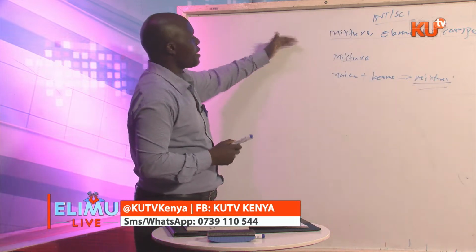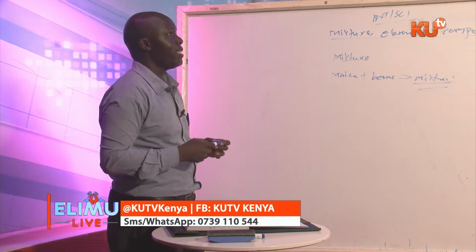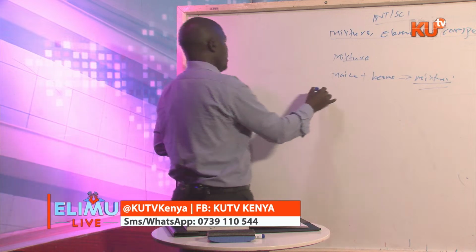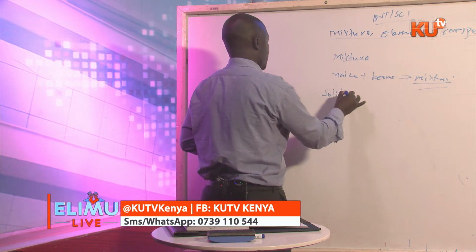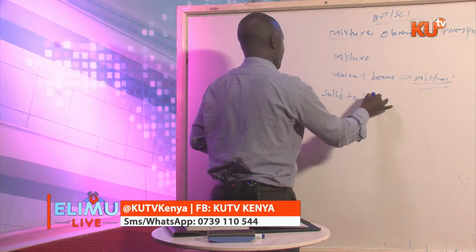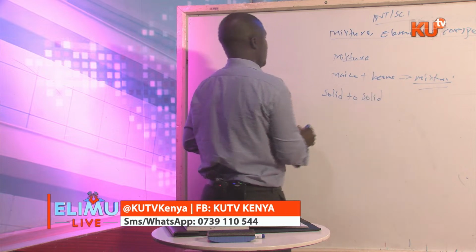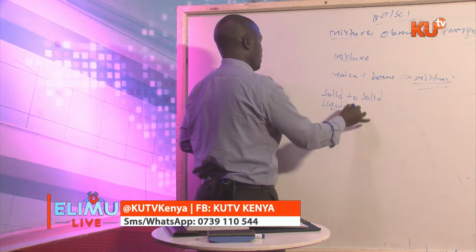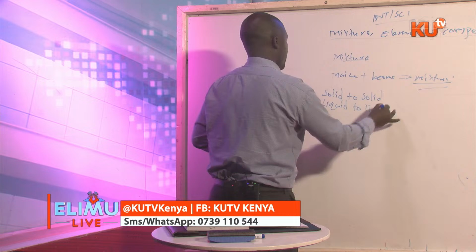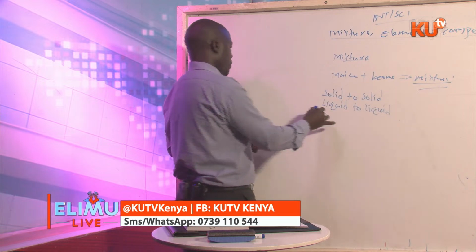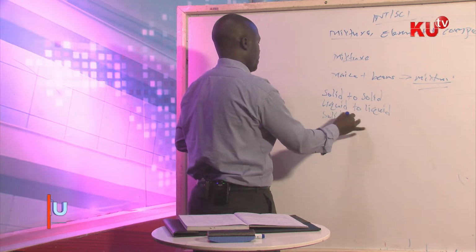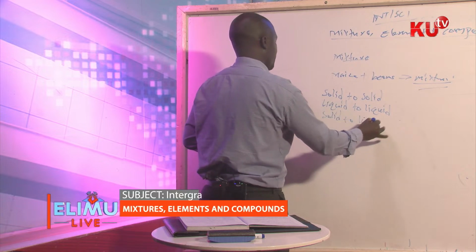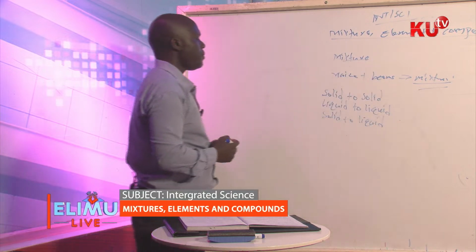Then in grade 7, again, we talked about the types of mixture, whereby a mixture can be solid to solid mixture. Then we can also have liquid to liquid mixture. Then we can have solid to liquid mixture.